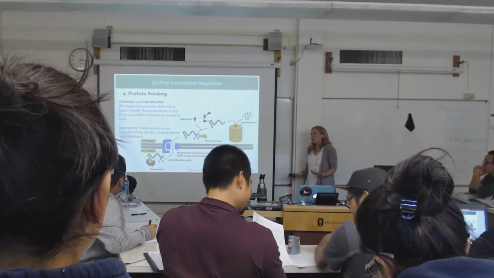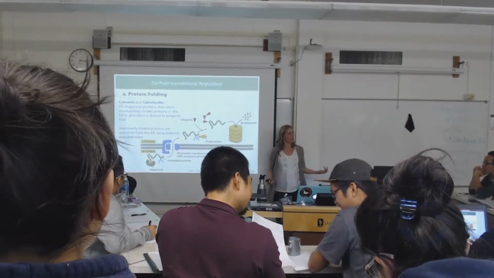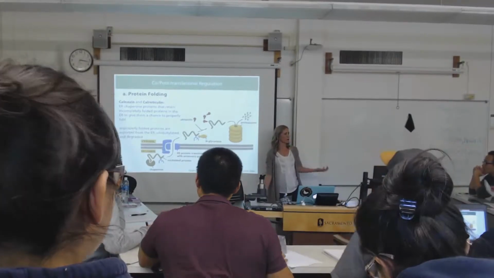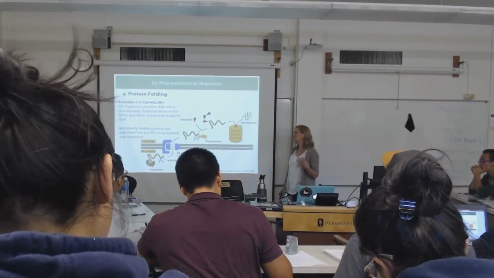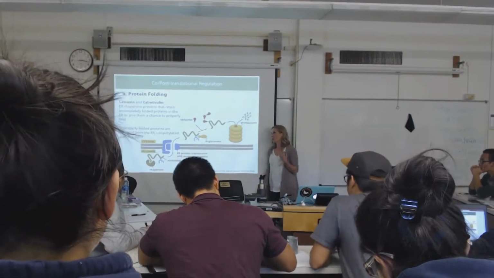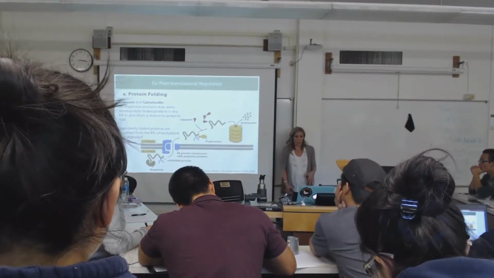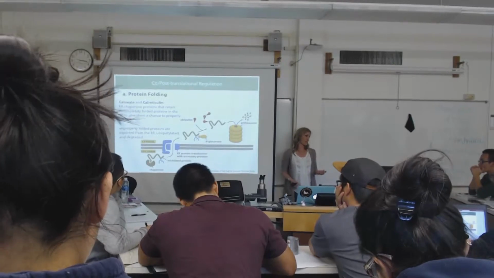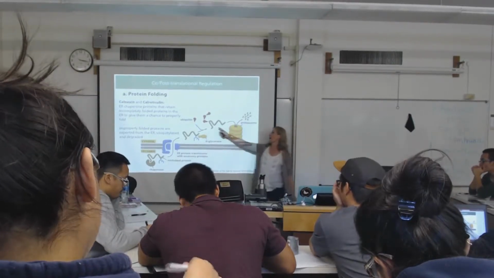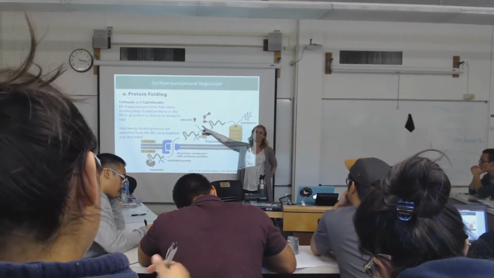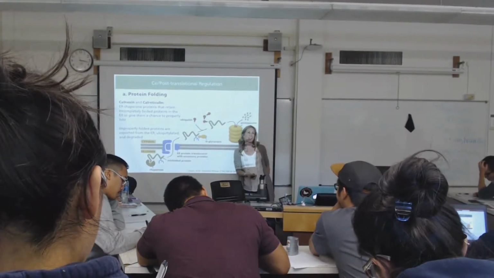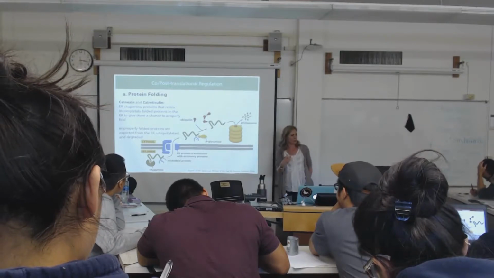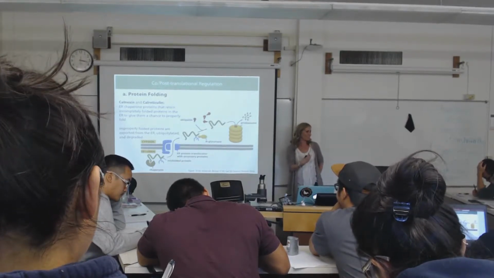Okay. So what happens if a protein doesn't get it right? What happens if, even with all the help of the chaperones, the protein still doesn't fold properly? What happens is it gets released into the cytosol, and it gets polyubiquitinated. So I mentioned ubiquitin when I was talking about different ways for histones to be covalently modified.